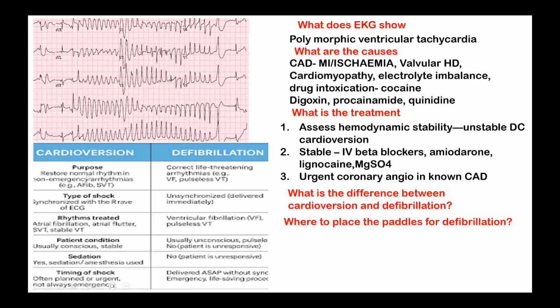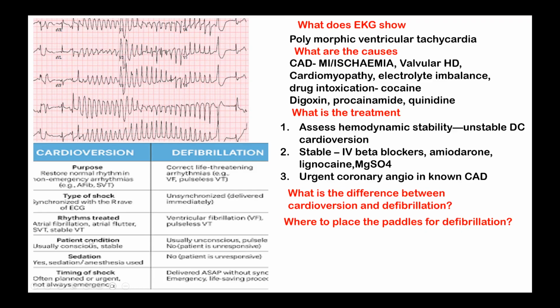The purpose is to restore normal rhythm. In cardioversion, we do it in a non-emergent situation, for arrhythmias like atrial fibrillation or VT. Defibrillation is usually for arrhythmias like ventricular fibrillation or pulseless VT. In cardioversion, we always give a synchronized shock on the R wave, whereas defibrillation is unsynchronized.